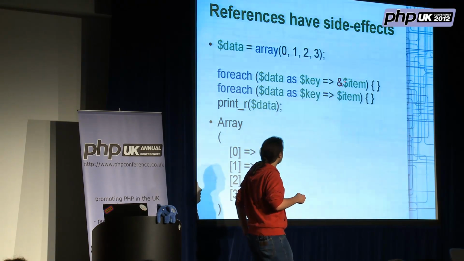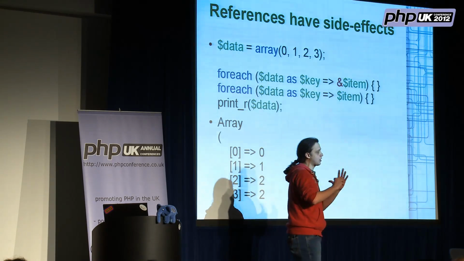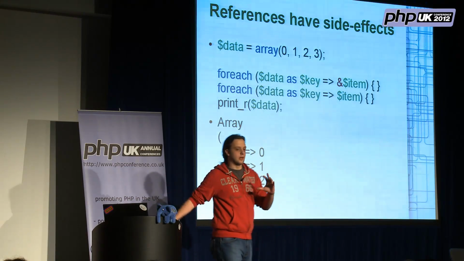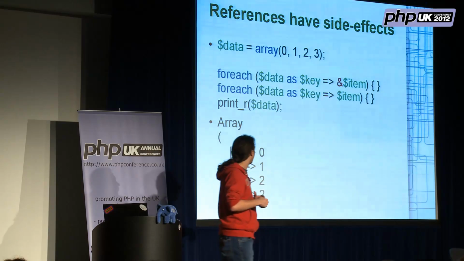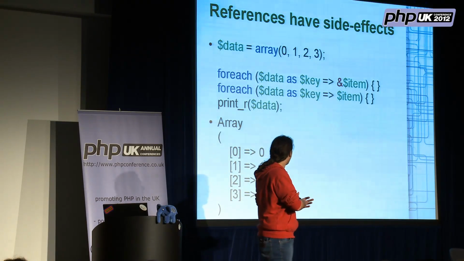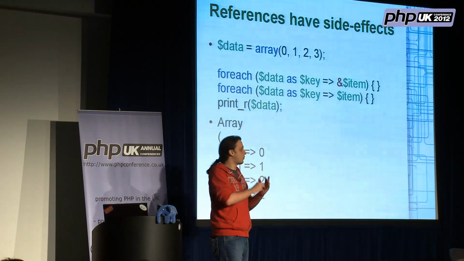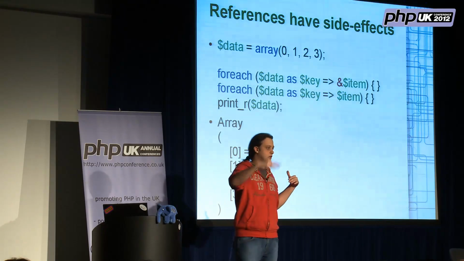So we are iterating here and saying, okay, the $item should always be a reference to the current element in the loop on each step of the iteration. So in the first step, we create $item, being a reference to the first element in the array which we're iterating over.